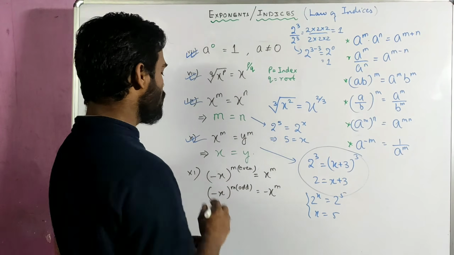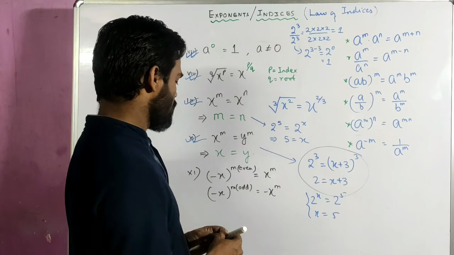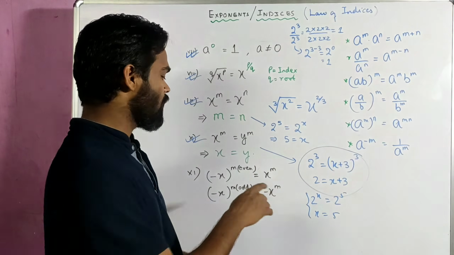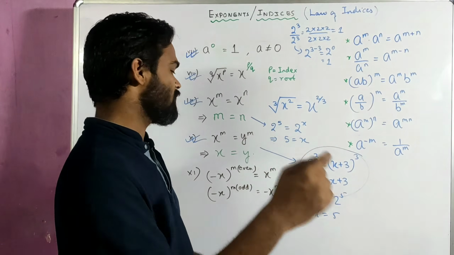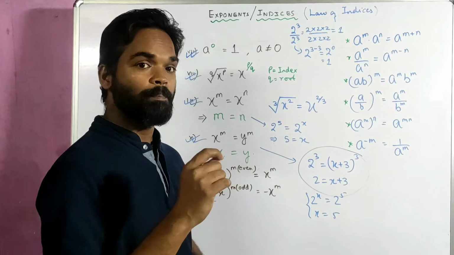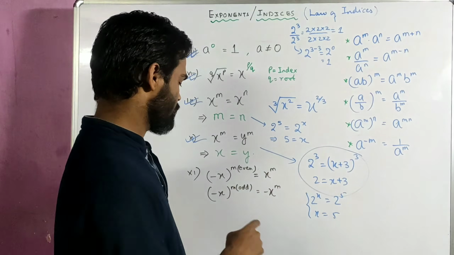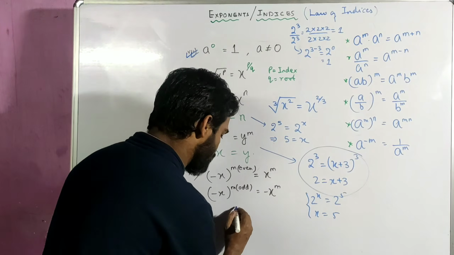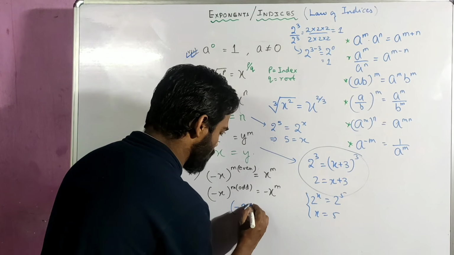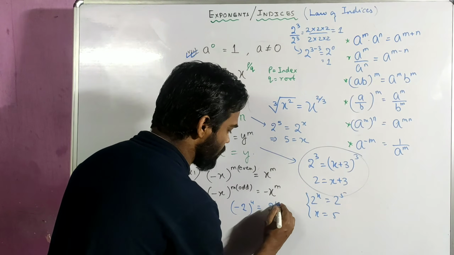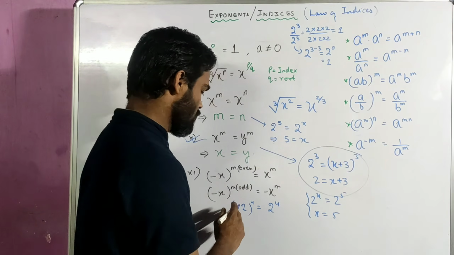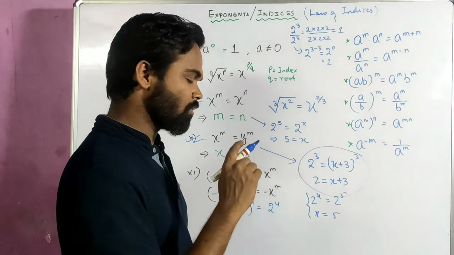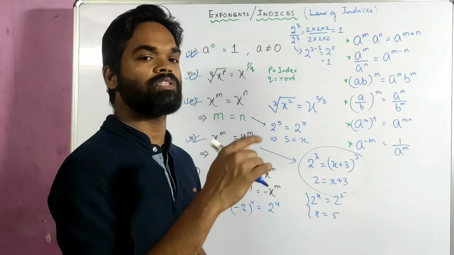Okay, now one thing to remember: minus x whole to the power m, if m is even, then it becomes plus x to the power m. How come? Look over here. If you have minus 2 to the power 4, this becomes 2 to the power 4, because the exponent applies to both the negative sign as well as the 2.